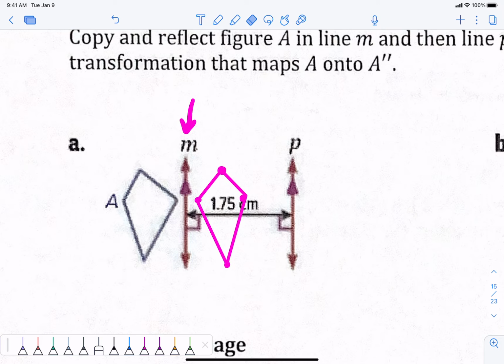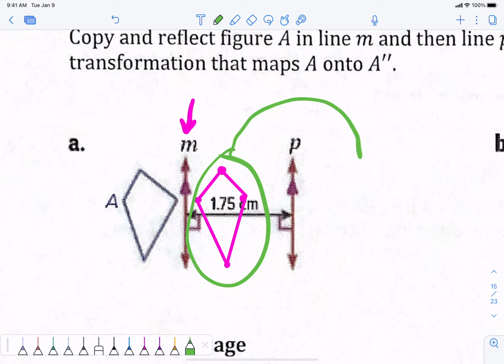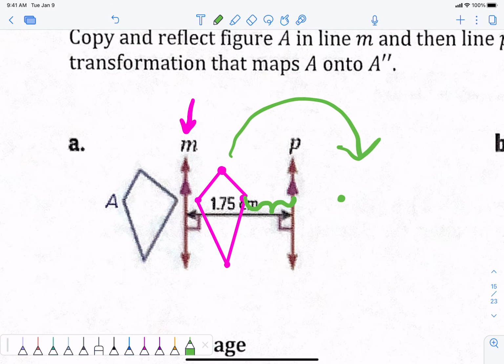Good? Now we're taking this figure and flipping him over line P. So he's going to go over there a little bit. I see that this is this distance away from that line, so I'm going to go the same amount, and he's going to be over here just a little ways. Over there, about over here, about up there, and about down here.